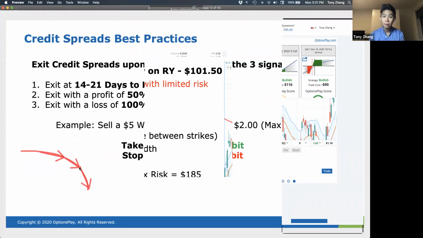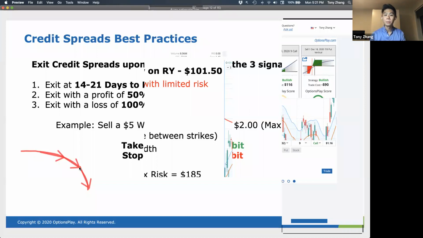But the one thing that most investors fail to realize is that gamma also accelerates as you get closer to expiration. And when you're selling a credit spread, you're short gamma. Gamma is working against you if the trade goes south. So what we're trying to figure out is where the acceleration in time decay versus the acceleration in gamma crosses over, and at what point one starts to outweigh the other.